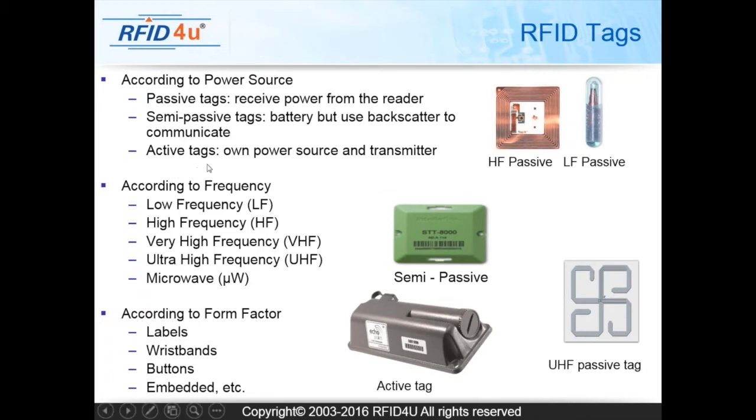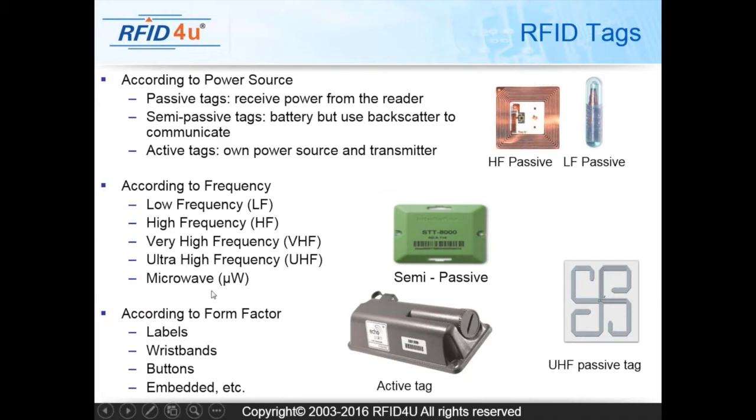Another way to categorize RFID tags is by frequency. Any given frequency requires its own unique tag design, and so we have low frequency tags, high frequency tags, very high frequency tags, UHF tags, and microwave tags.